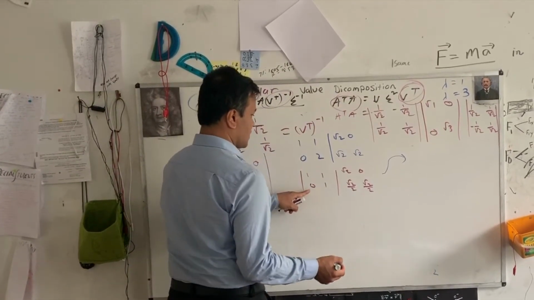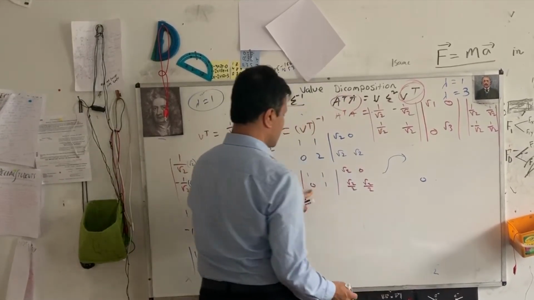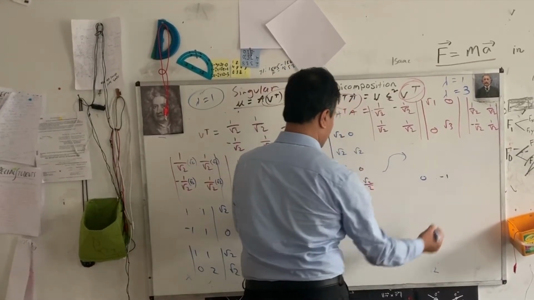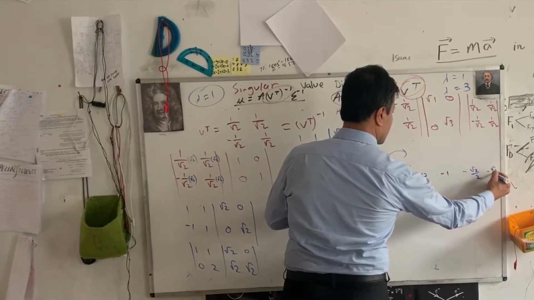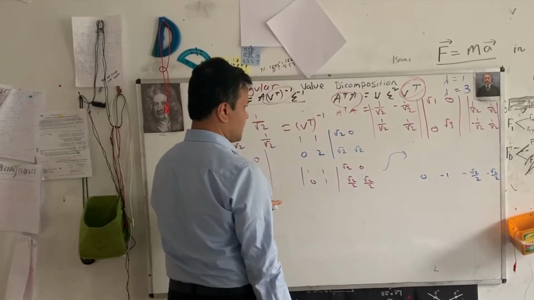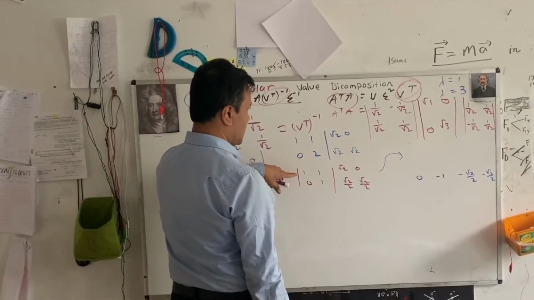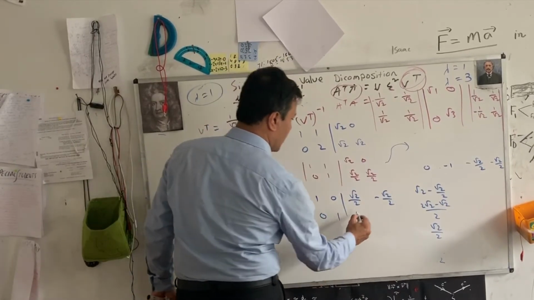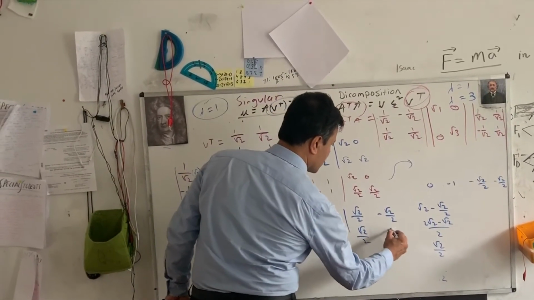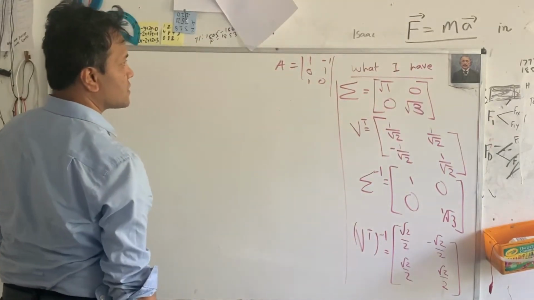This one is going to be 0, this one is negative 1, this one is negative square root of 2 over 2, negative square root of 2 over 2. If I do that, 1 minus 0 is 1, 0, 1, and voila, square root of 2 over 2, square root of 2 over 2. So this is what we have.